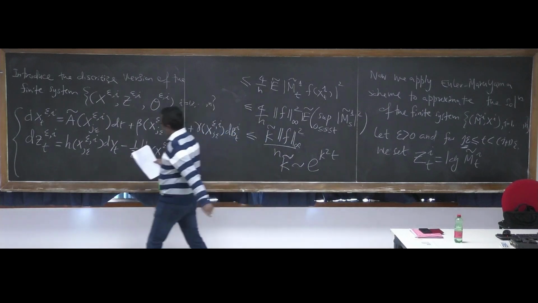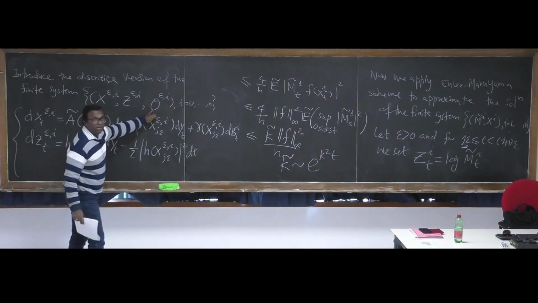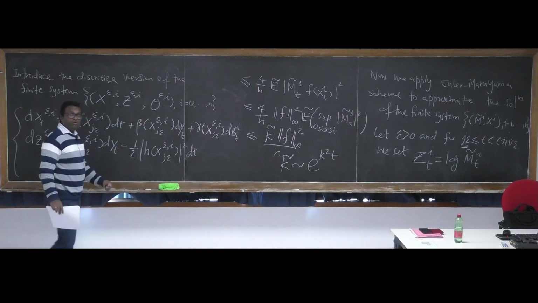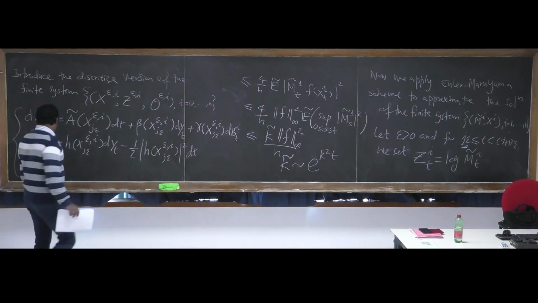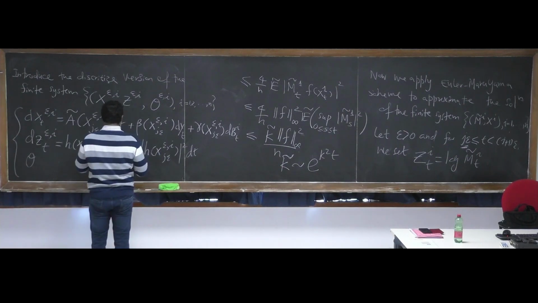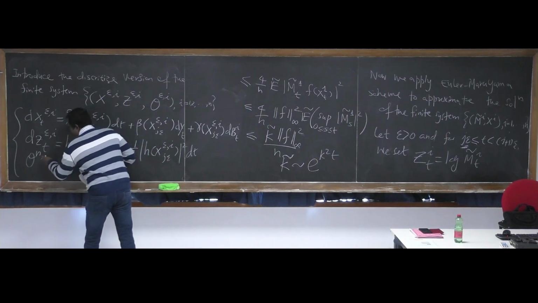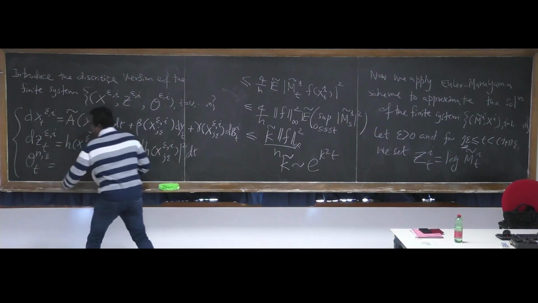So we have another equation for the empirical measure for the discretized version, that is theta^{n,epsilon}_t.